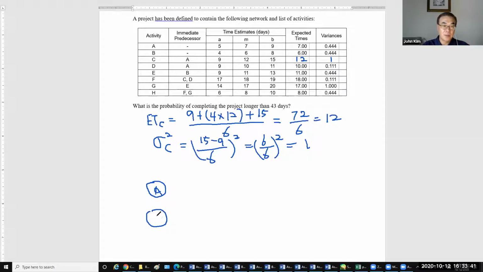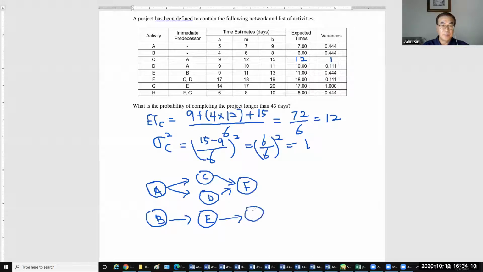So A, B, and then C, D from A, and E from B, and then F from C and D, G from E, then H from F and G.